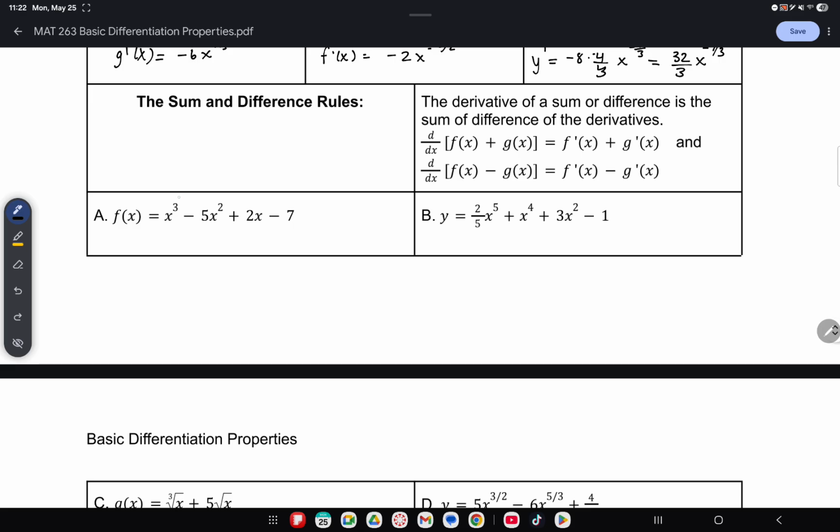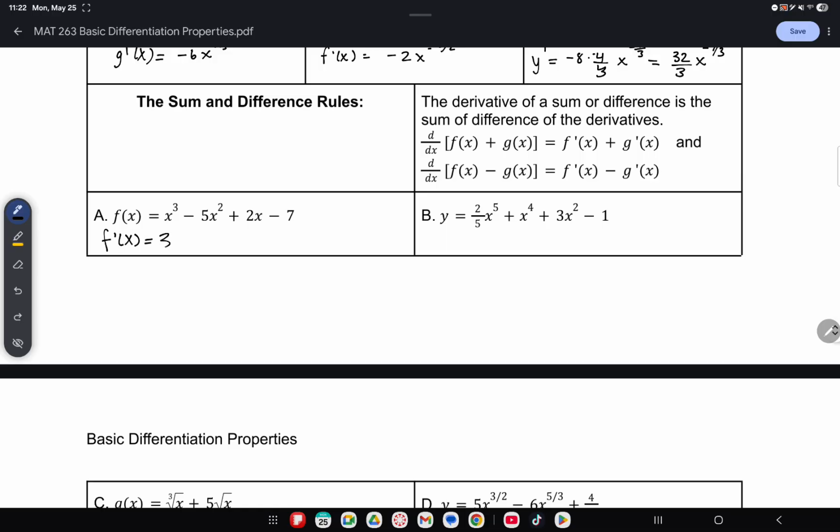So like this first one, I have this one piece that's a function, and then I'm subtracting off another piece, then I'm adding another piece and subtracting another piece. So because we are just adding and subtracting them, I can just go ahead and do the derivatives individually with that power rule. And then just keep the sign in between.